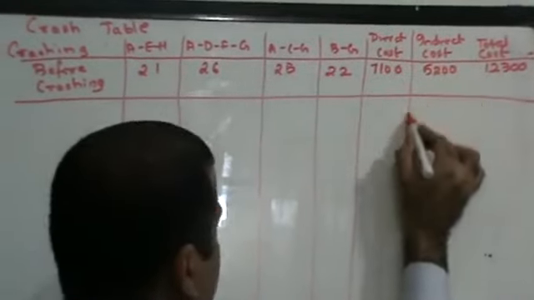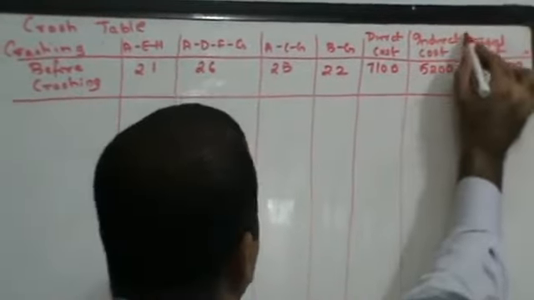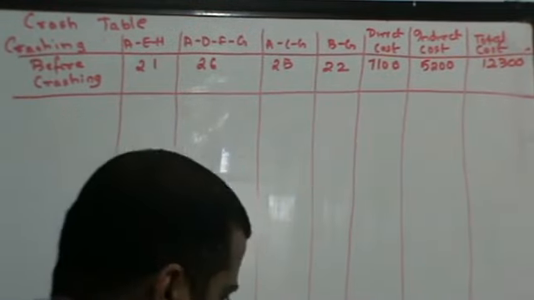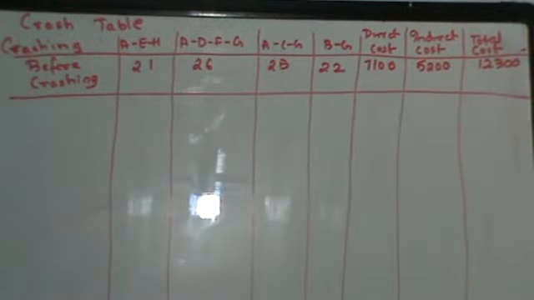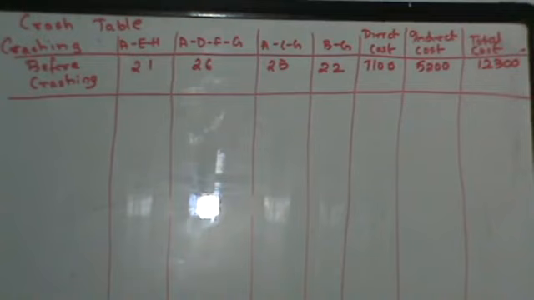Now let's understand the rules of crashing. You always crash only those activities that form your critical path. Right? First rule, you will crash only those activities which are a part of your critical path. Second, when you're crashing, you have to look at your cost slope table and crash in the order of ranking.